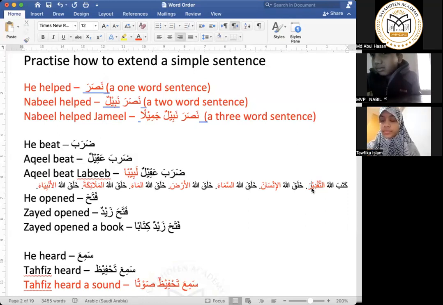Tawfiqa, repeat the rule. Nabil, can you repeat? We give dhamma to a singular fa'il and we give fatha to a singular maf'ul.